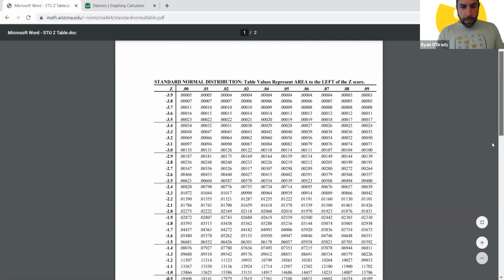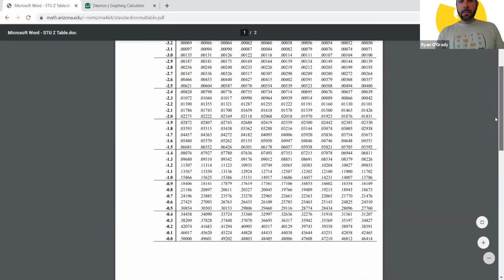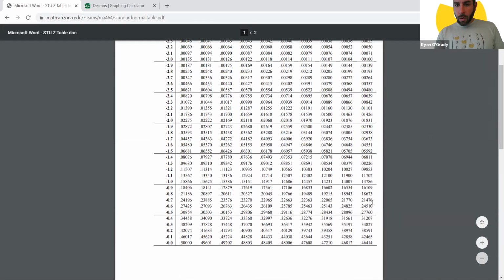So where is 0.7 at? Well, here's our 7. And then we have to go to the second column, which was 7, 9, right? So that would be all the way over here. So it's 0.21476.